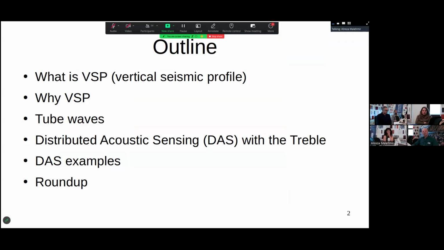And then I'll show some examples from DAS, both good examples and some examples where we don't quite get the data that we want, but we can still somehow use it to learn about the rock and also about some of the caution you must take when you're using DAS. And just a final summary.